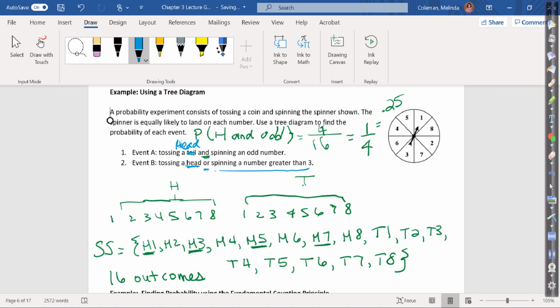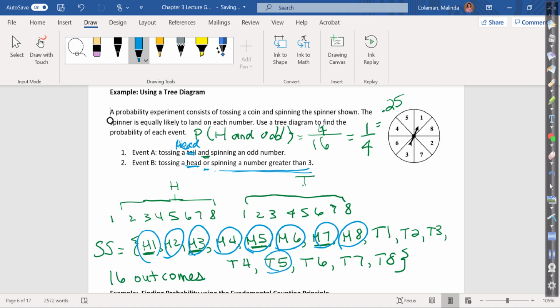So tossing heads would be all of these. It doesn't matter what the outcome of the number is because I tossed a head. Then the probability that I spin a number greater than 3, well, the 4, 5, 6, 7, and 8 are all greater than 3, but I already counted those because I flipped the head. So all I have to do now is include all of the numbers greater than 3 when I get a tail.